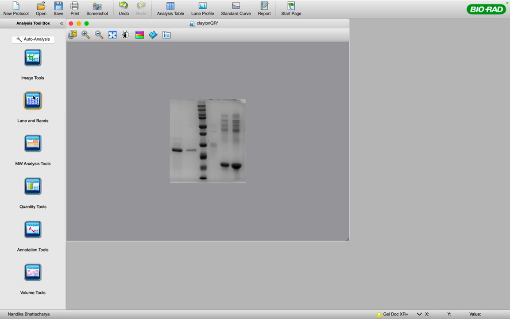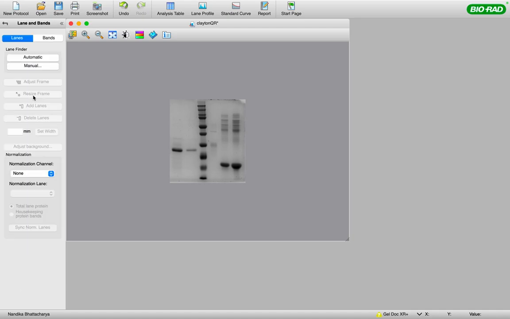Then what we need to do for the software is define which are the bands that we want to analyze. First we'll ask it to automatically detect the lanes in our gel, where it's done quite a good job. But we can slightly adjust this so that it properly captures the lane. There is nothing here.